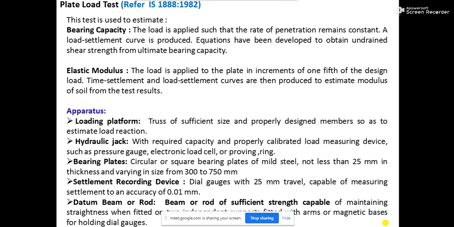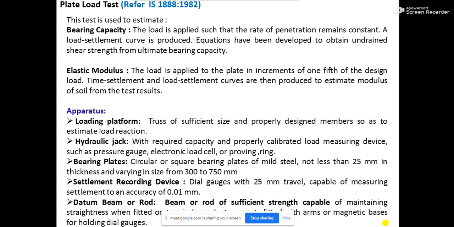Just like that, in the plate load test on soil you produce the load versus settlement curve, and from it you can find the elastic modulus of soil.